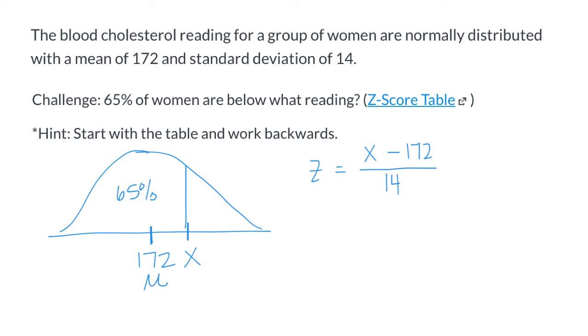We also need to plug in a value for z so that we can solve for x. So the way we get the value for z is go to the z-score table and look up what value of z gives us 65%. So I'm going to plug in for z 0.39. I'm going to multiply both sides by 14 because I want to solve for x now.